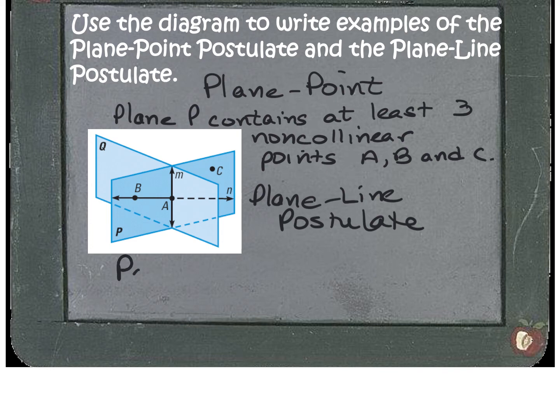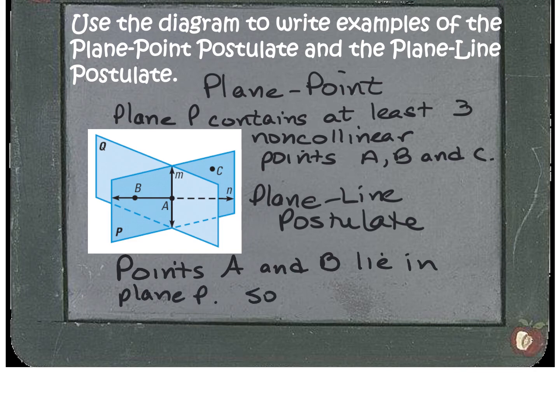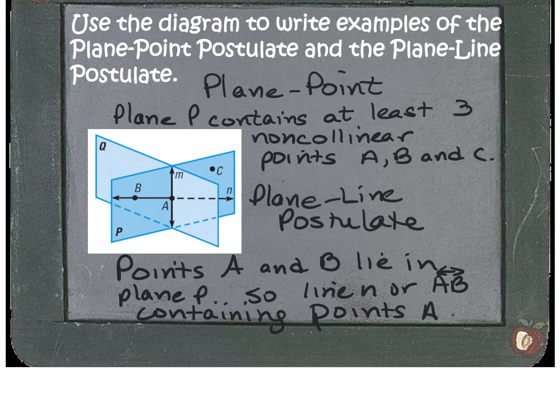So I can say that points A and B lie in plane P. So line, and you can either say line N, or you could also call it line AB, containing points A and B.